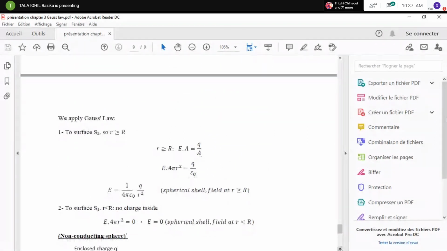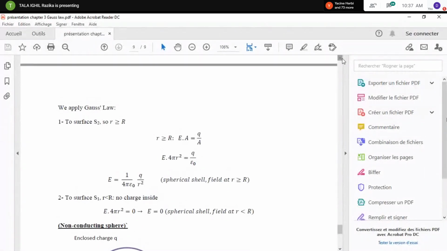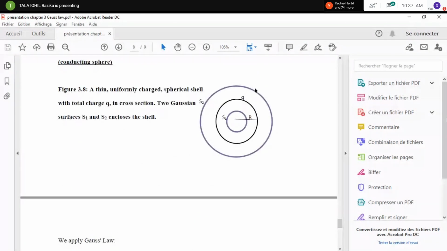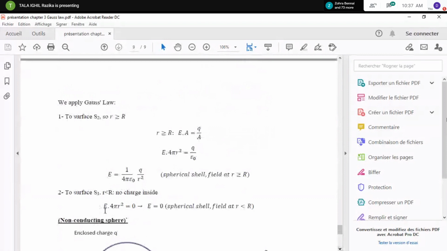Let us apply Gauss law. For surface S2, we have R greater than capital R. You can see in the figure that if we are at S2, the enclosed charge is directly the total charge Q. So when we replace in our formula, EA is the enclosed charge over epsilon 0, so it is E 4 pi R square equals Q over epsilon 0.